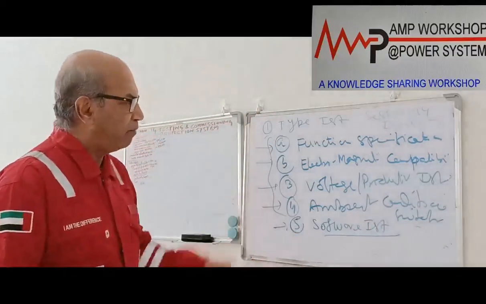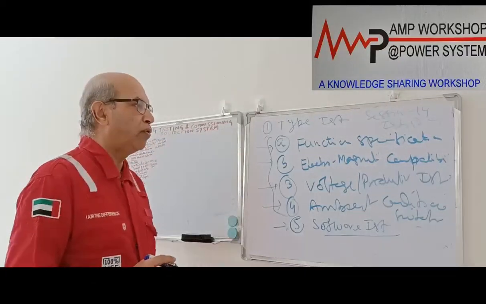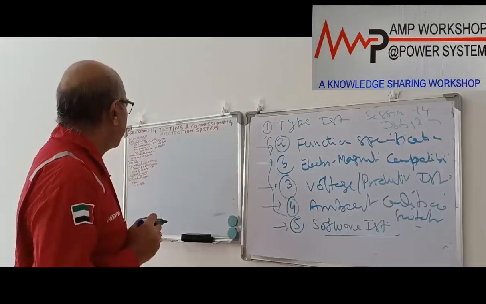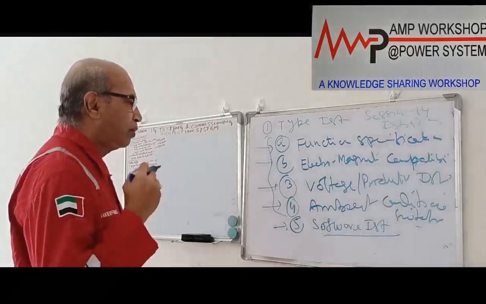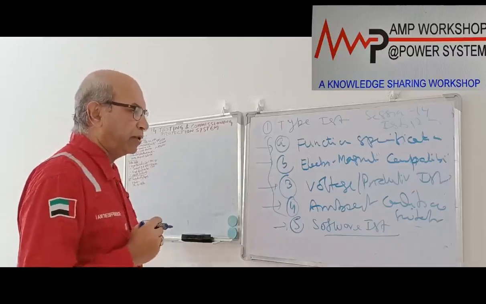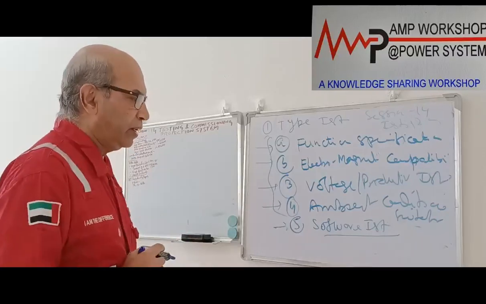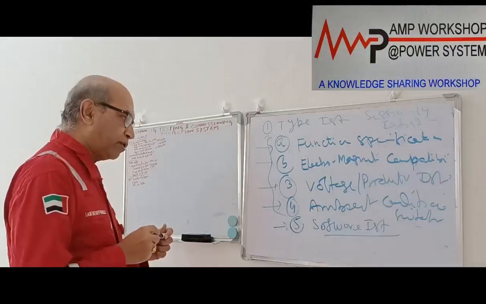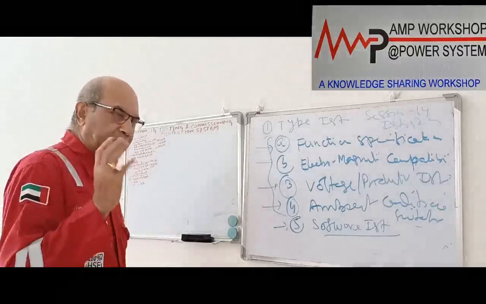So these are the five groups of tests we do under the type test: the functional specification test, the electromagnetic compatibility test, the voltage protective test, the ambient condition test and the software test.